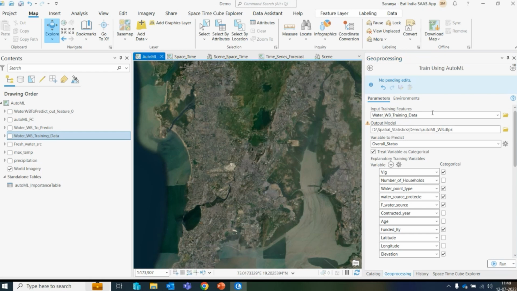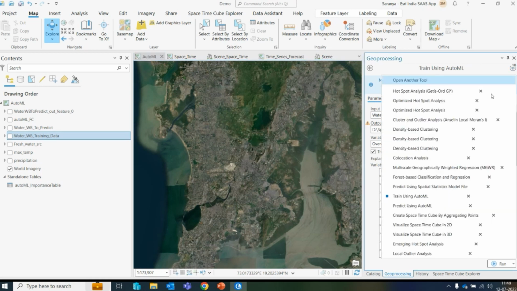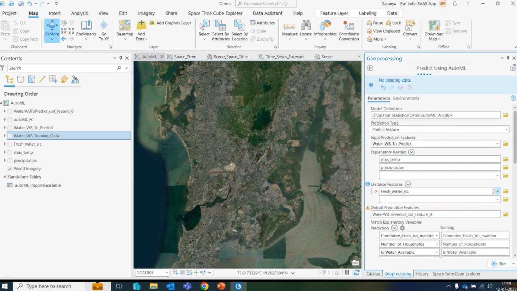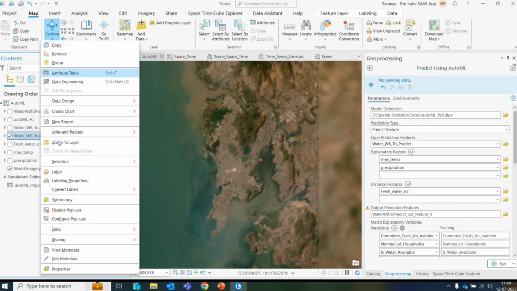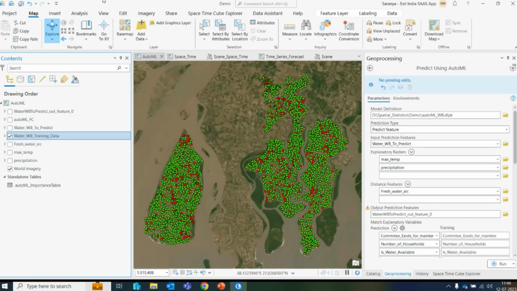So this is the same analysis. Just like forest-based prediction, we have a separate tool for training and a separate tool for prediction using AutoML. What I have done here is I have information about the functioning of water pumps. Let me just zoom.